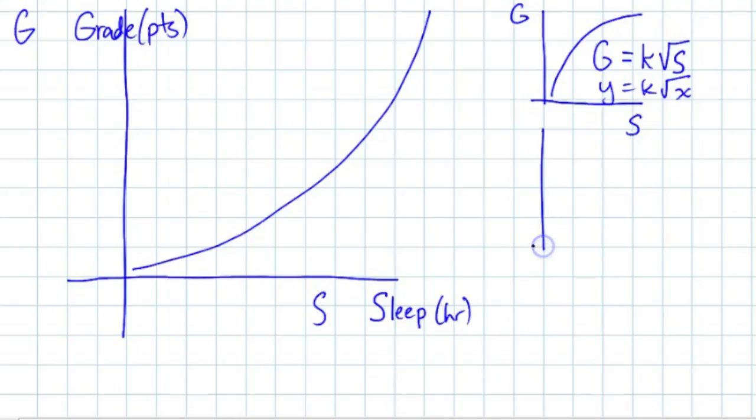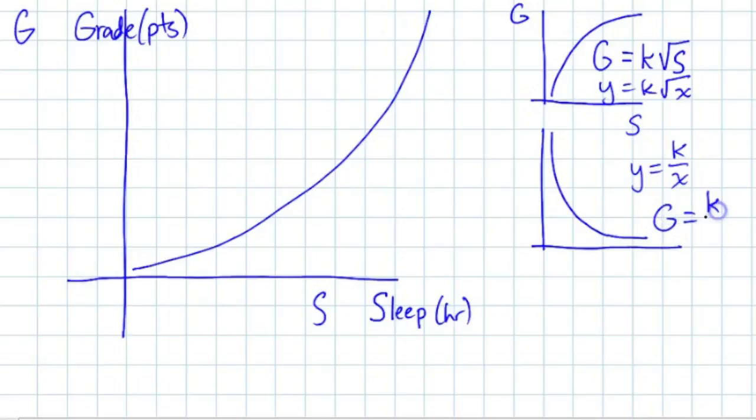Is this some sort of an inverse function that goes kind of like this, where instead of saying y is equal to k over x, we could say grade on a test is equal to k over hours of sleep? So the more sleep you get, the lower your grade. Does that make sense? Probably not.